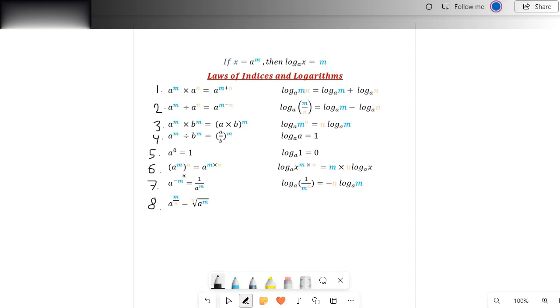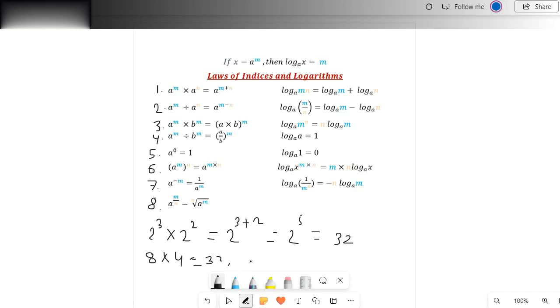So giving an example for the first and second one, we have 2 cubed multiplied with 2 squared, and according to the indices rules, we should have 2 to the power 3 plus 2, which is 2 to the power 5 or 32. On the left hand side, we have 2 cubed, which is 8, multiplied with 4, and 4 times 8 is 32.